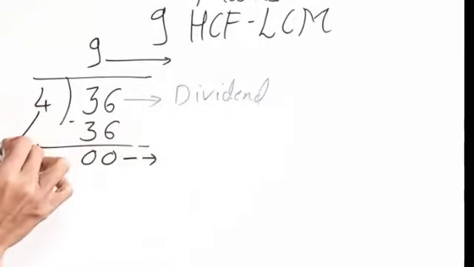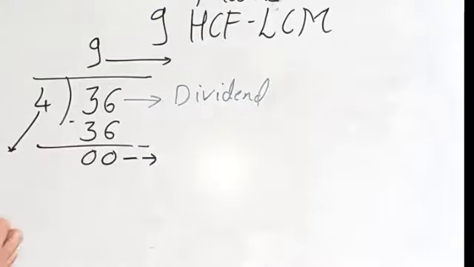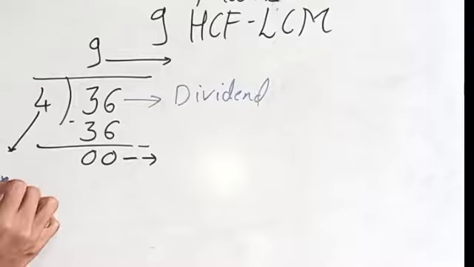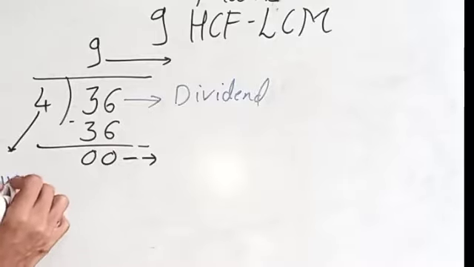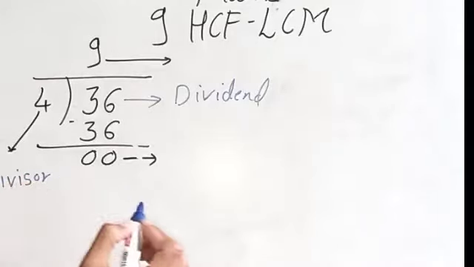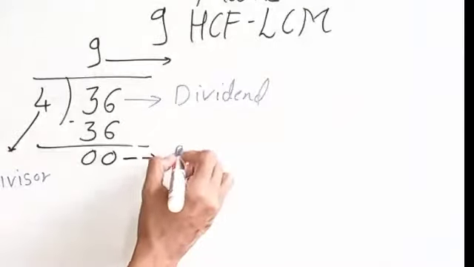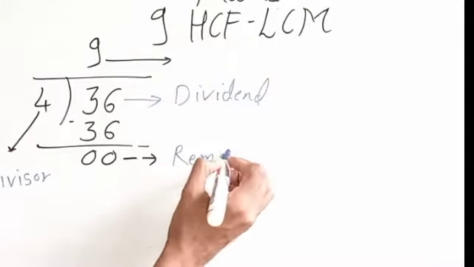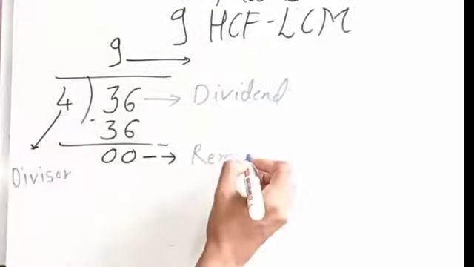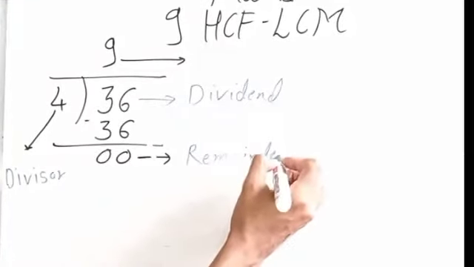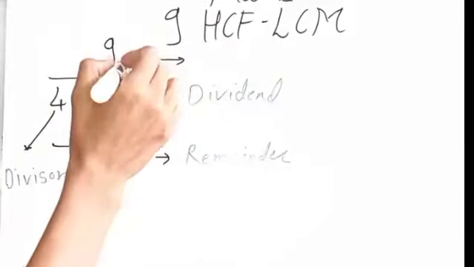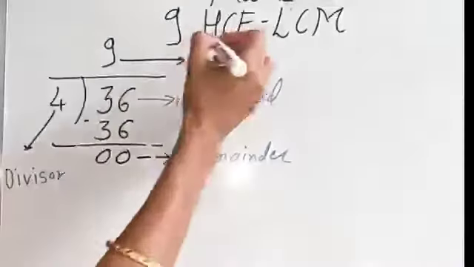And this number with which we are dividing is called divisor. And this is called remainder. And this one is called quotient.